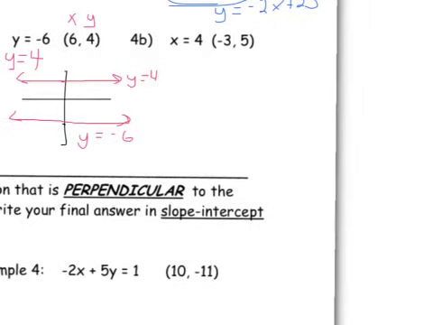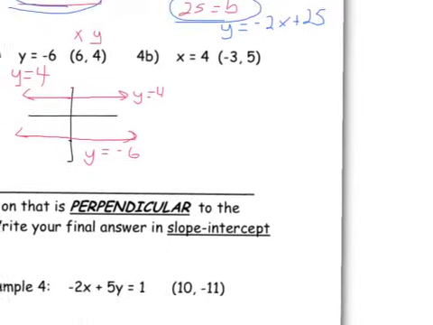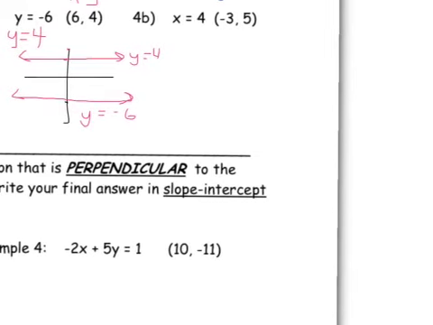Okay, for 4b, we can do the same thing. We can draw a graph. And we know that x is going to be 4, so we can draw our vertical line here.